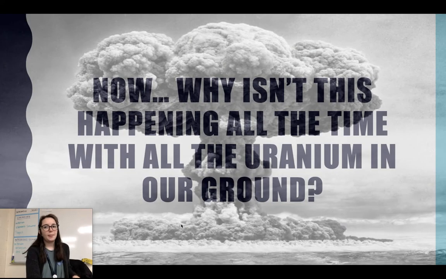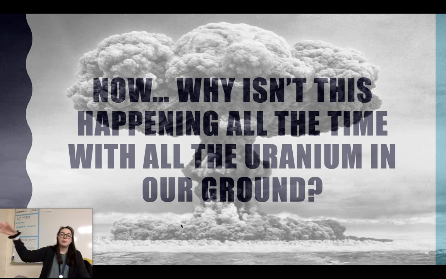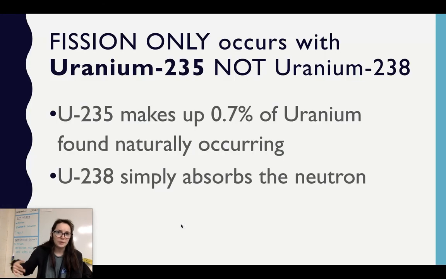So now, why isn't this happening all the time with all the uranium in our ground? If this is something that happens very fast, you would imagine, well, why isn't it continuing? Well, one reason is that fission only occurs with uranium-235. This is not going to occur with uranium-238. U-235 makes up about 0.7% of uranium that's found naturally, whereas U-238 absorbs the neutron and becomes stable.